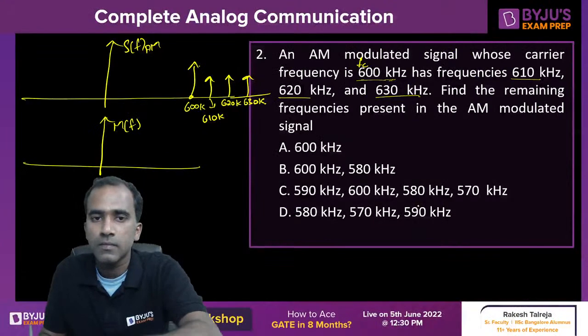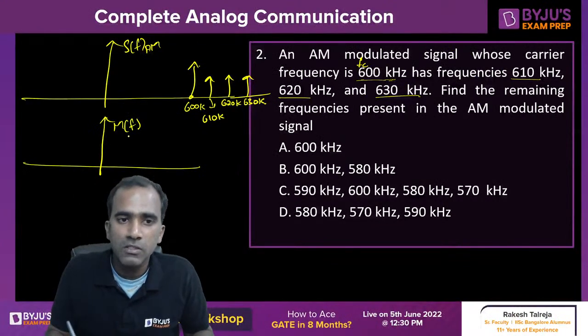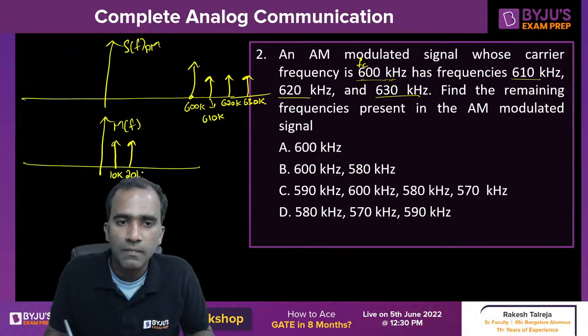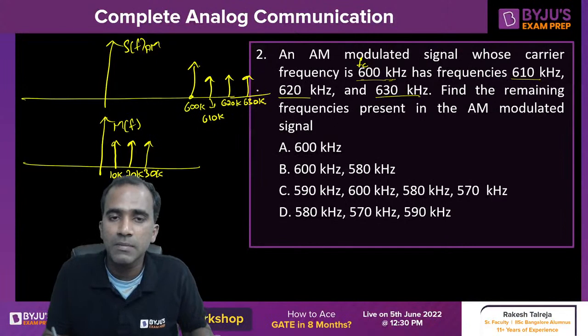So we get this because the message has an impulse at 10 kilohertz, getting shifted by 600. How do we get this one? Because the message has an impulse at 20 kilohertz. And this one, because of an impulse at 30 kilohertz, shifted towards the right side by 600 kilohertz.